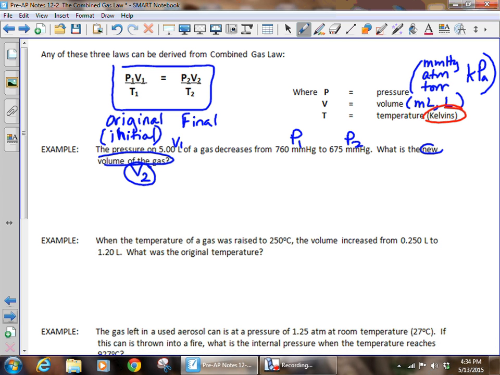We've labeled everything, so let's go in and write our equation. P1 V1 over T1 equals P2 V2 over T2. We're looking for V2. And what variable is never mentioned? Nowhere in there does it mention a temperature value, so we can mark out temperatures, and we're left with P1 V1 equals P2 V2.